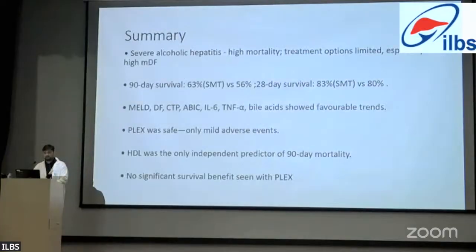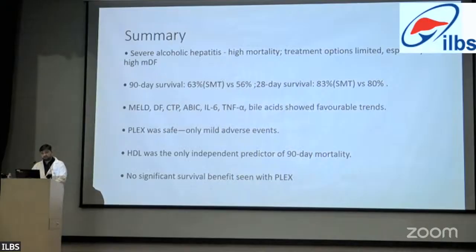So overall summary of my study: severe alcoholic hepatitis has high mortality. Treatment options are limited, especially in the high MDF patients. In my study, 90-day survival was 63% in the SMT group, and 28-day survival was 83% in the SMT group and 80% in the plasma exchange group.